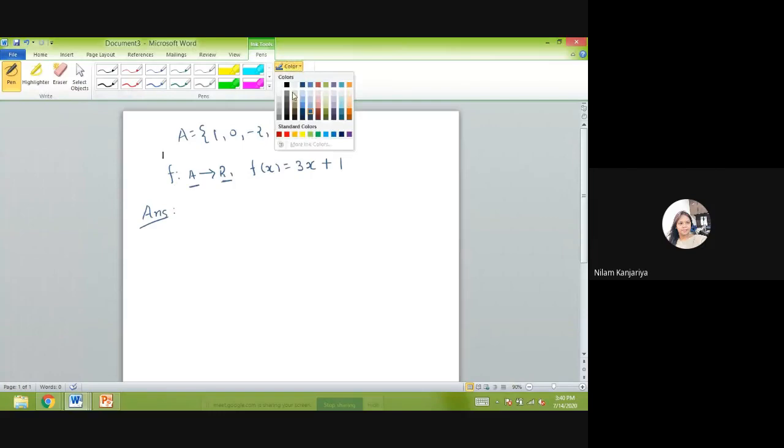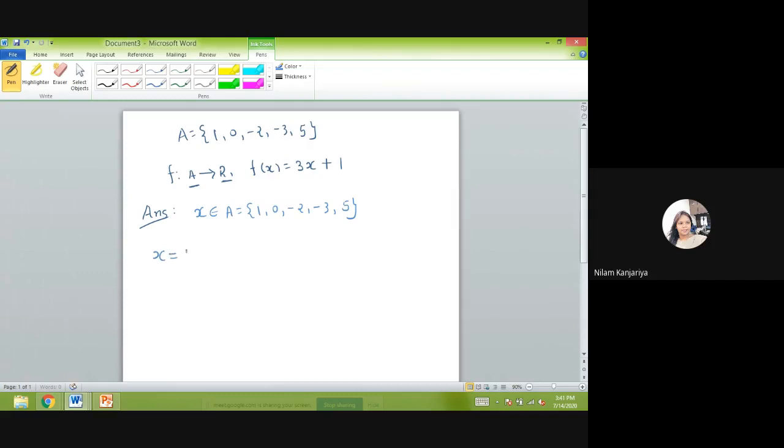Always take the value of x from the domain, and the domain set is A. So take the different values of the domain.